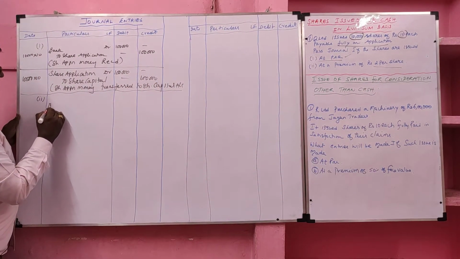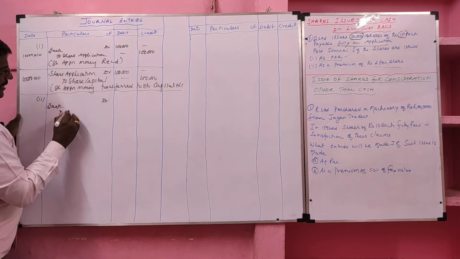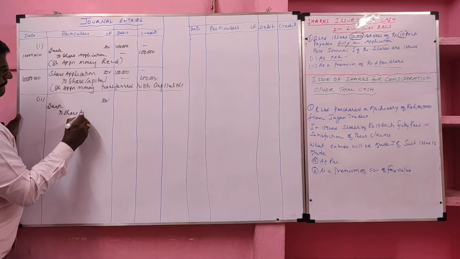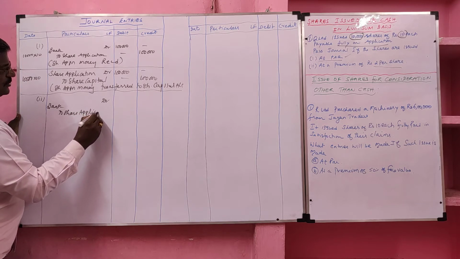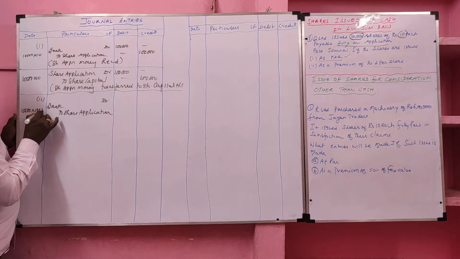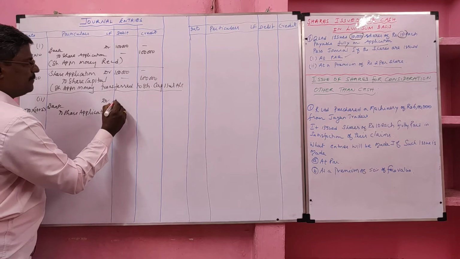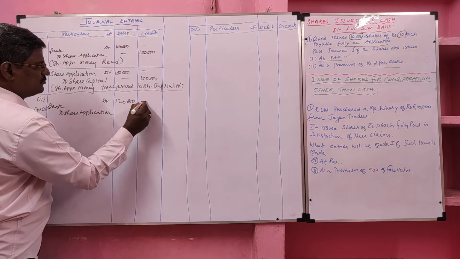Now the entry is bank account debit to share application. 10,000 into 10 plus 2. 10 rupees face value, 2 rupees premium. So totally the company is collecting 1,20,000 rupees.